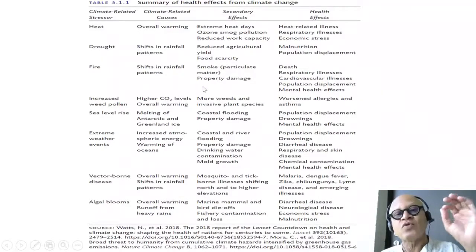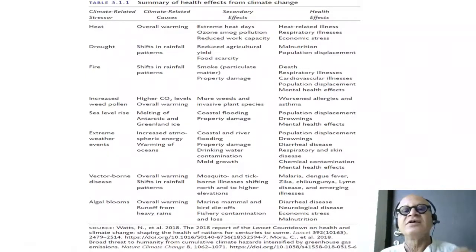We always have to worry about disproportionate impacts of all these things, right? Smoke from wildfires, particulate matter, property damage, and coastal flooding from sea level rise, coastal and river flooding, drinking water problems caused by flooding, contamination, mold, mosquito and tick-borne populations, marine mammal and bird die-offs, fisheries contamination and loss.